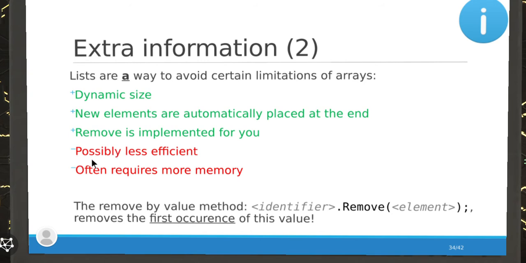But on the other hand, it's less efficient if you worry very much about how fast your application runs. In these days it doesn't really matter because we have very fast PCs. But still, if you work at Google, they will require a very efficient program. And it uses a little bit more memory than an array.